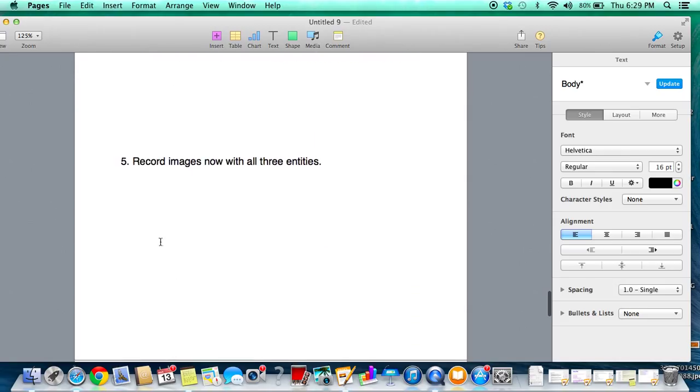Okay, so now record images with all three entities, that being the prostitute, the priest, and the letter. And the things that I see: the priest giving the letter to the prostitute. And I see her, she's really tough at first.